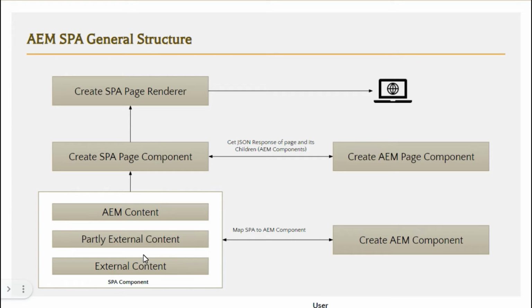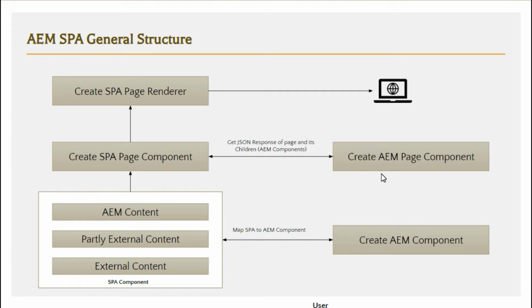Similarly, we will have to create a page. As I told already, this page component in the single page application will loop through an array, and based on the Sling resource type, it will identify what all components it has to load and render. So it is just a single page component, and then this page component will be mapped to the AEM page component.